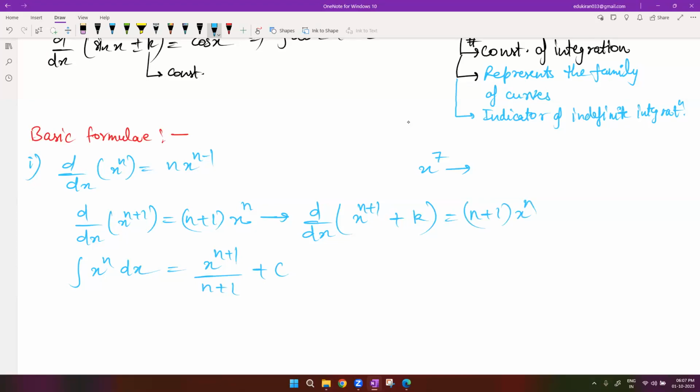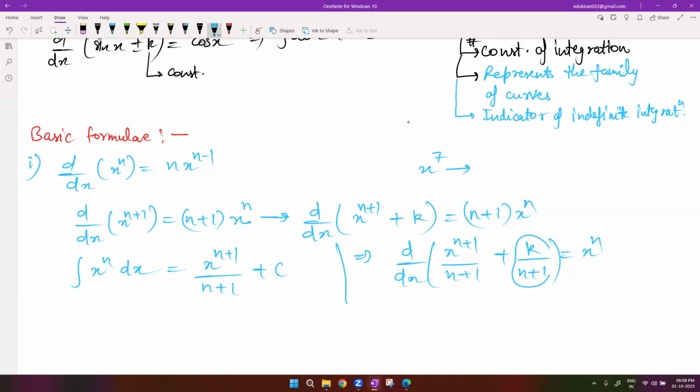If you take n plus 1 to the left hand side, this becomes x to the power n plus 1 upon n plus 1. And that will lead us to a confusion: why are we not writing this k upon n plus 1? Why are we only writing it as c?